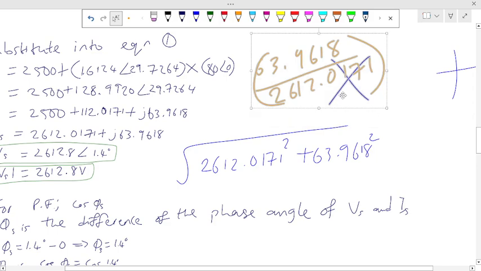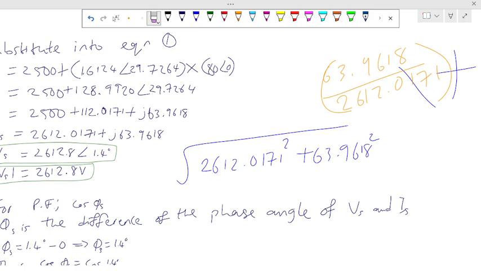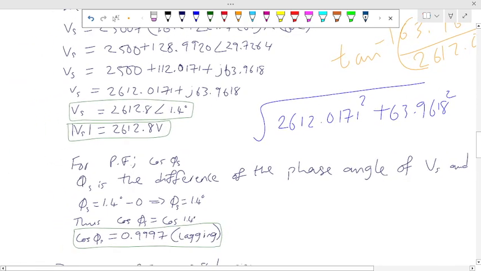Let's take out this. So you take the tan inverse of that, and this will result in 1.4 degrees. So with that you have successfully converted this from rectangular form to polar form.